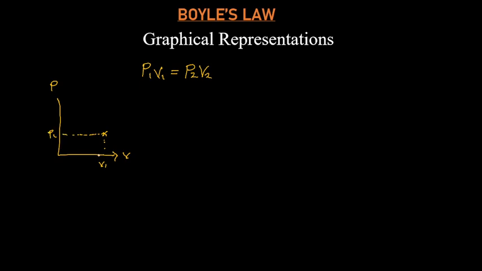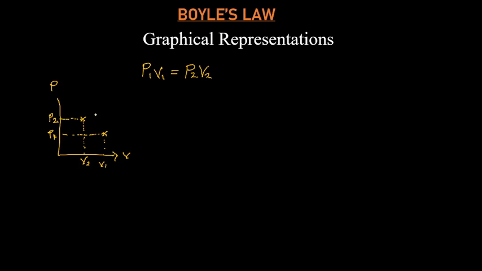Now, we say that when we decrease the volume, the pressure will also increase. So let's say the volume has decreased to V2 over here. The pressure will also increase. So we'll call this our P2. Remember, this is P1.